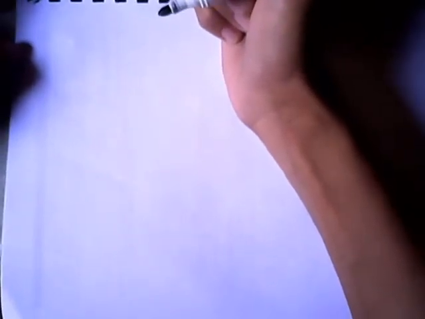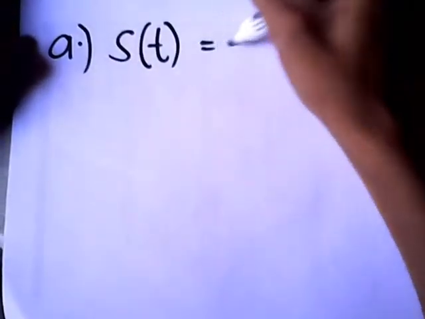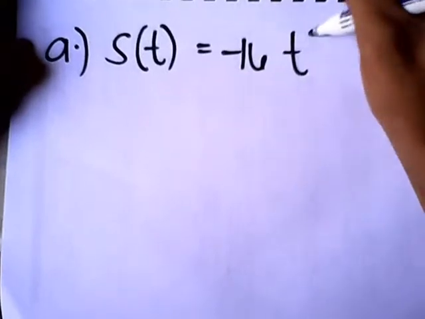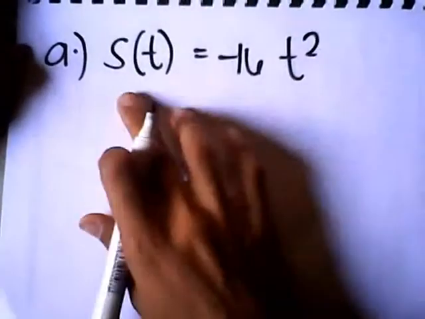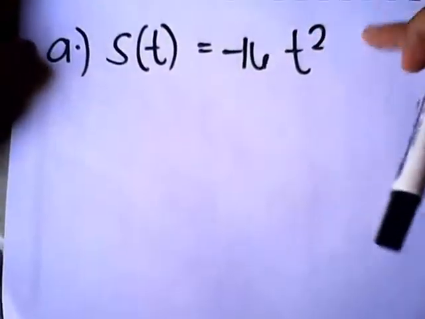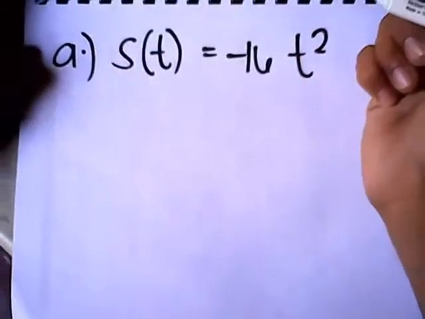Okay, here we first find the instantaneous velocity of the stone 1 second after it is dropped. Given our position function is equal to negative 16t squared, we have to first find the first derivative of our equation.